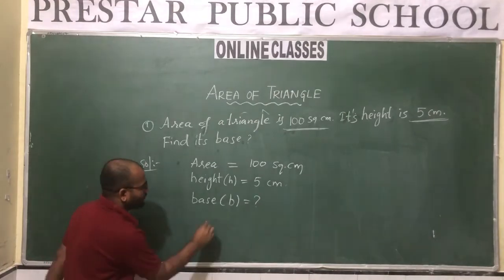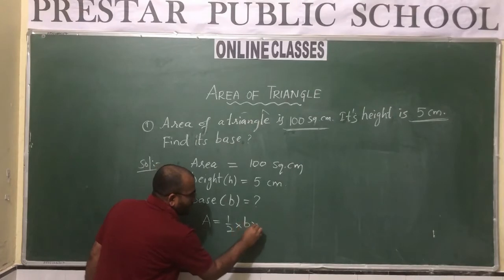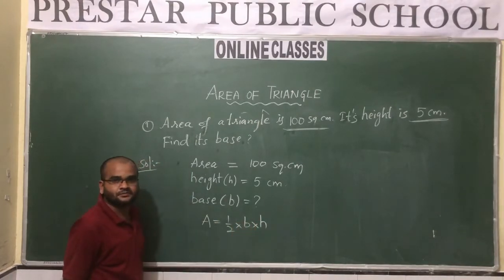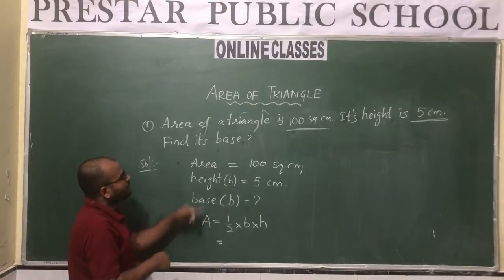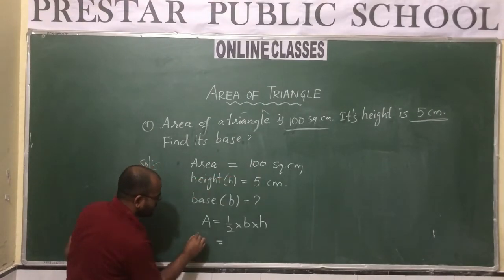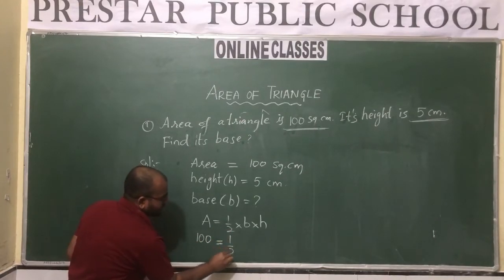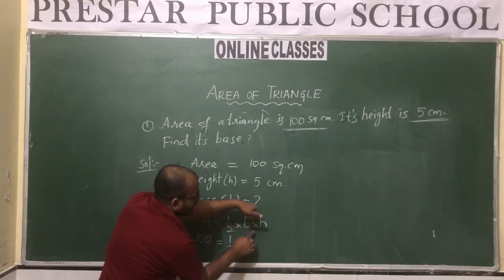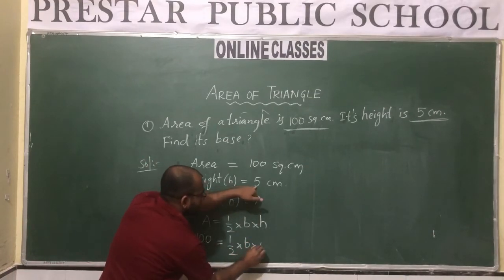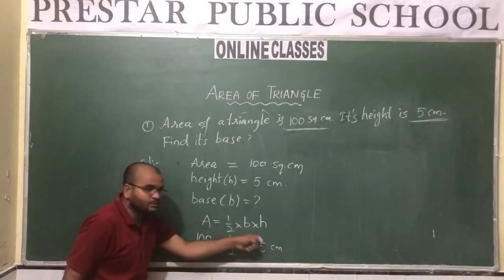Same method. First write the formula. A equals 1 by 2 into B into H. Next, substitute the values. Area, how much? 100 equals 1 by 2 as it is. Base we don't know, so write it as it is. Height 5 centimeters. Okay? Now, is any cancellation possible?